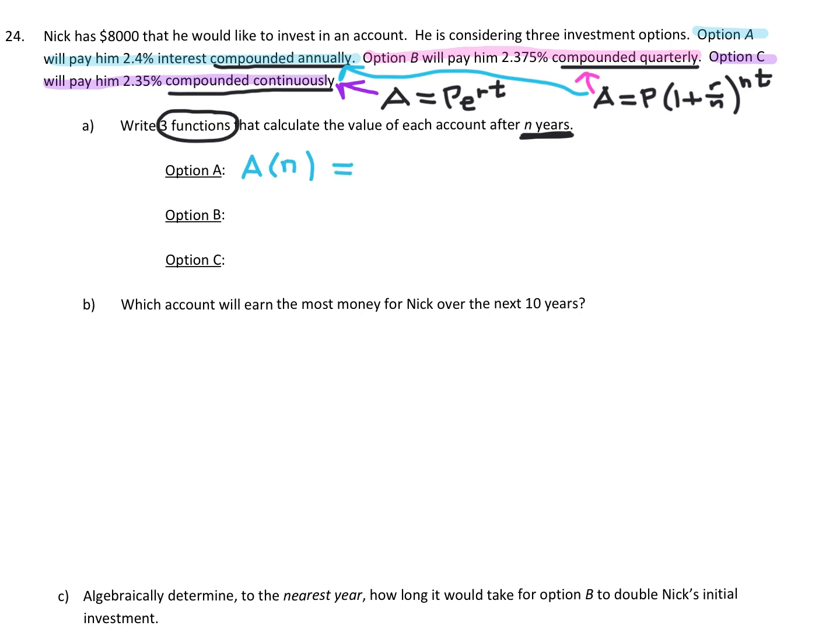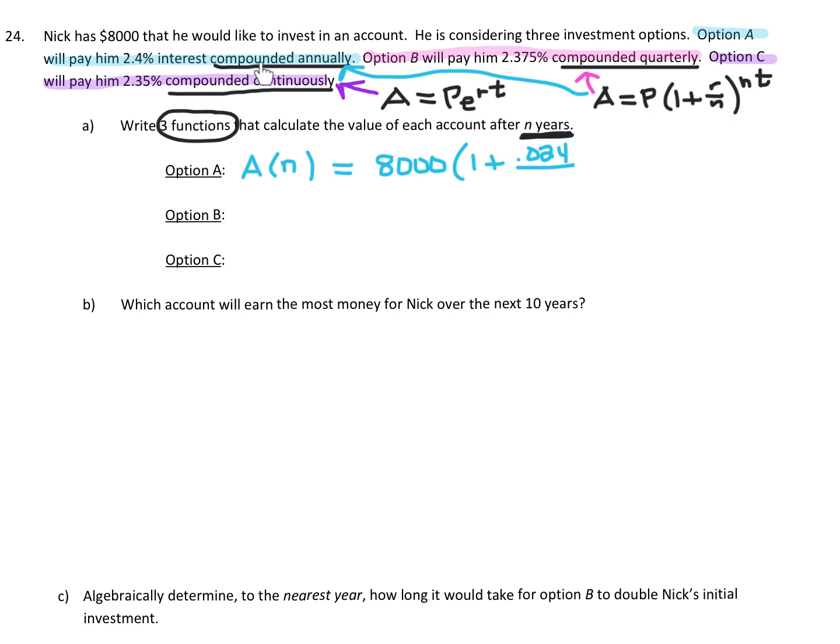Okay, and then equals. Now, the principal amount is going to be the same no matter what account we use. It's going to be how much he has to invest, so that's going to be $8,000. And then in parentheses, we have 1 plus the rate, which is 2.4%. If we move the decimal place back twice, it would be 0.024 over N. N stands for the number of compounds per year.